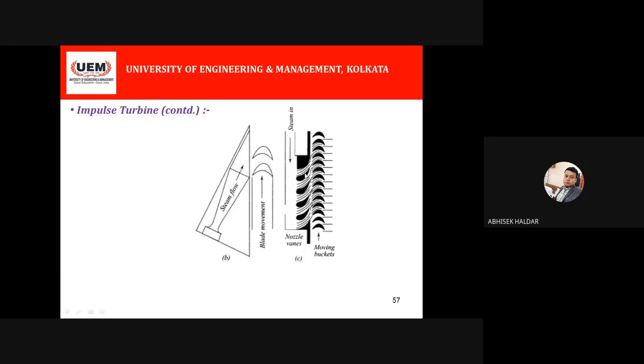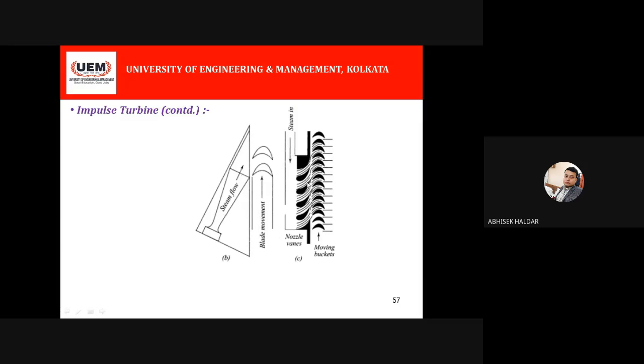These passages between these two parts, and these blades are the moving blades. There are 1, 2, 3, 4, 5 nozzles you can see over here. The more nozzles I use, obviously the more velocity I will have, so a higher torque will be impressed on the moving blade so that I will get more work. That is a simple thing.